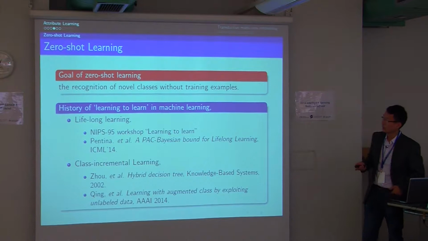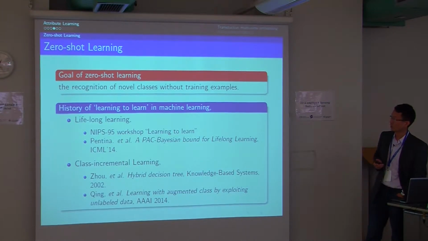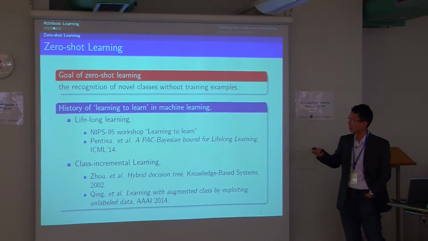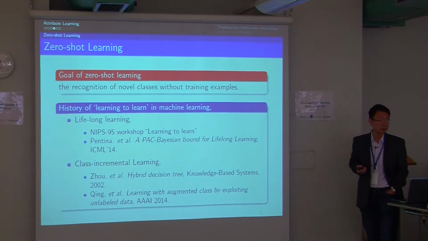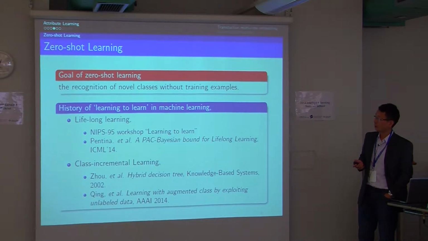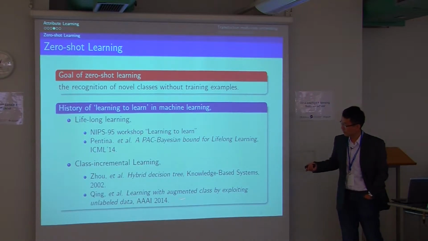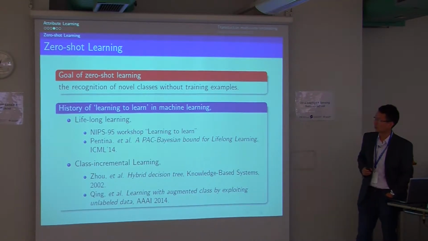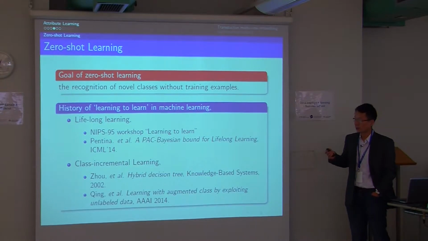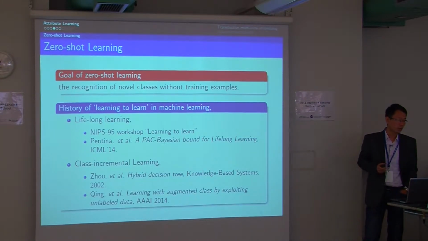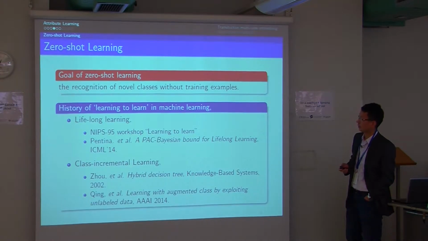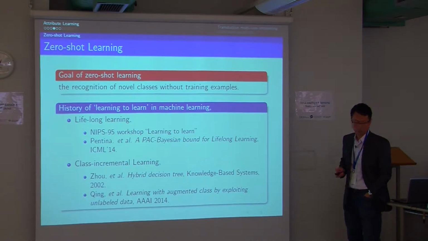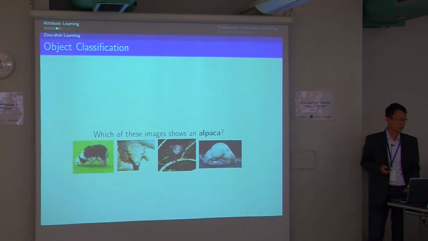This research direction is called zero-shot learning, which means the recognition of novel classes without any training examples. This idea of zero-shot learning, following the concept of learning to learn, has been a very hot topic in the past few years. These are a few key references.